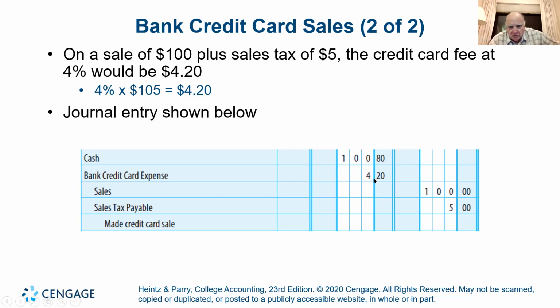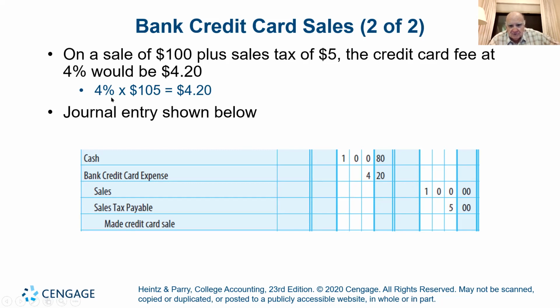We sold $100. That will always be a multiple of units times price. The sales tax is $5, so that's 105. The expense is $4.20. 4% of 100.